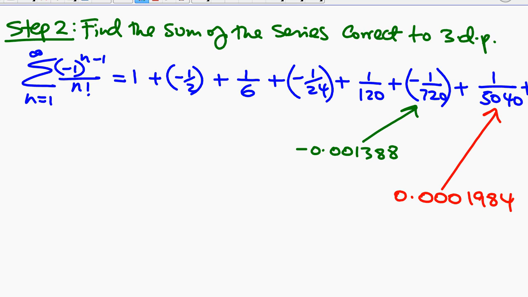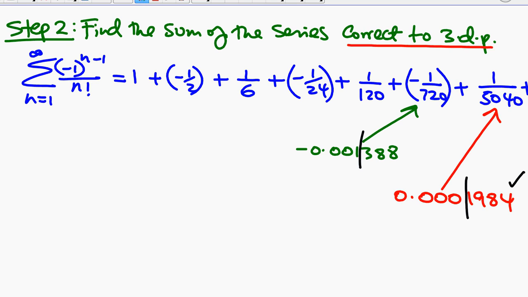Now remember, we want our answer to be correct to 3 decimal places. Obviously, our cutoff point will be after 3 decimal places. If you check by inspection, you can see that this one will give us an error that is at most 0.0001984 in this case.